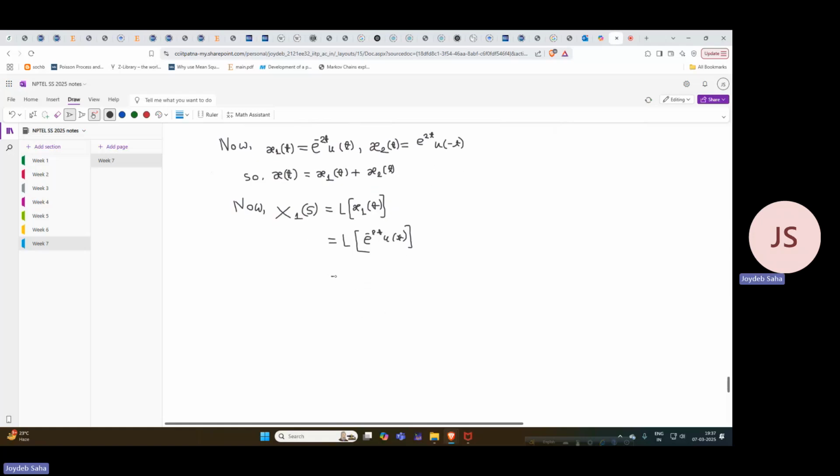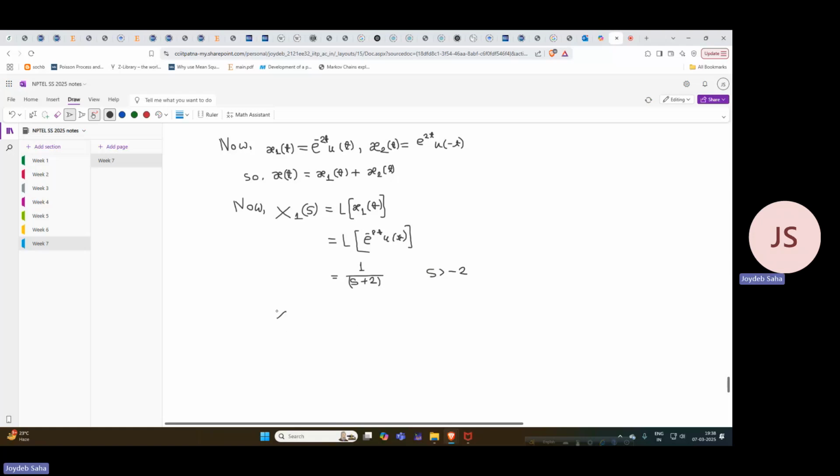And this is 1 upon s plus 2, for s greater than minus 2. Fine.